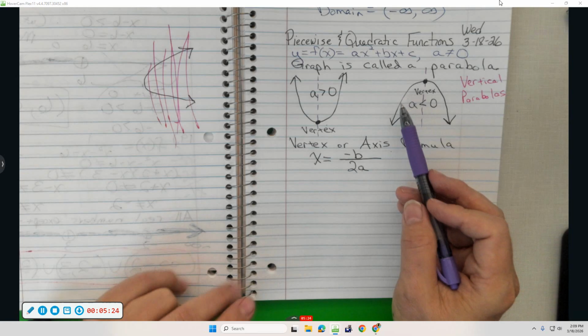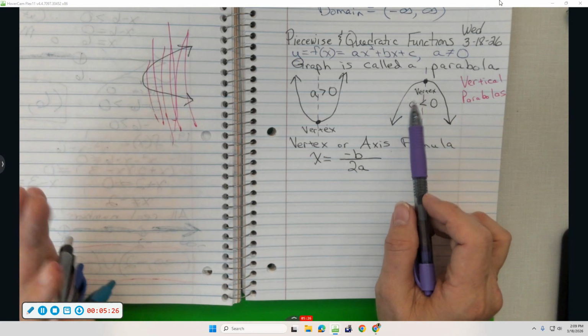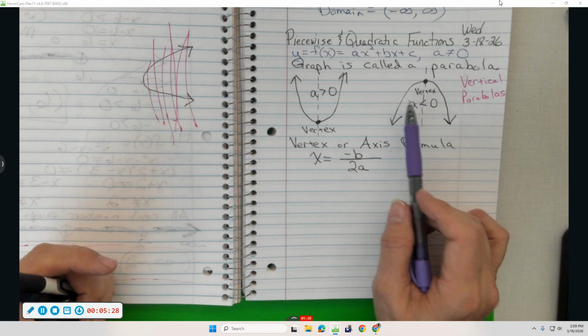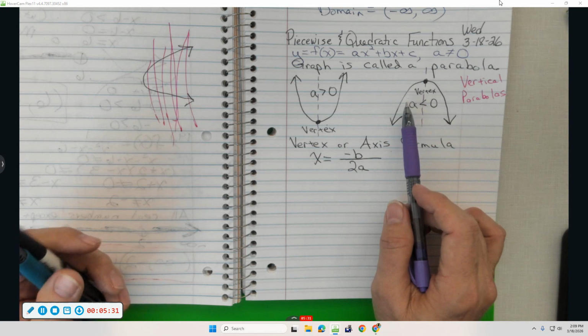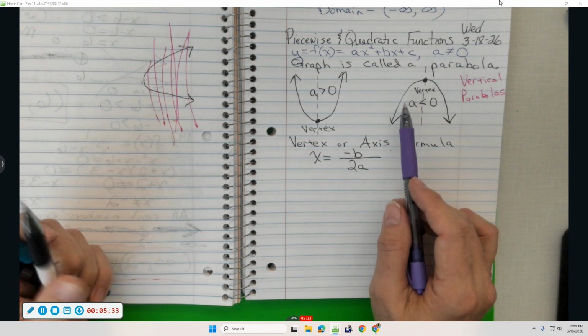So to use the graphing tool that we're going to have, it's similar to what we did with the absolute value graphing tool.